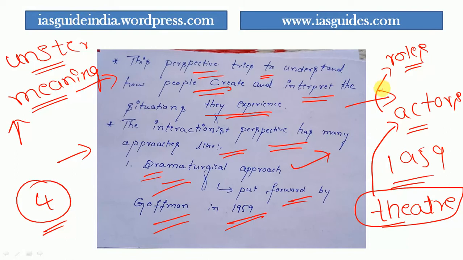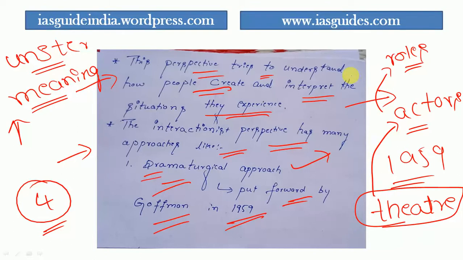They manage their lives according to their roles and give a certain impression on others. That is the dramaturgical approach, a kind of theater where people participate and perform roles through which they manage their life and create impressions on others.